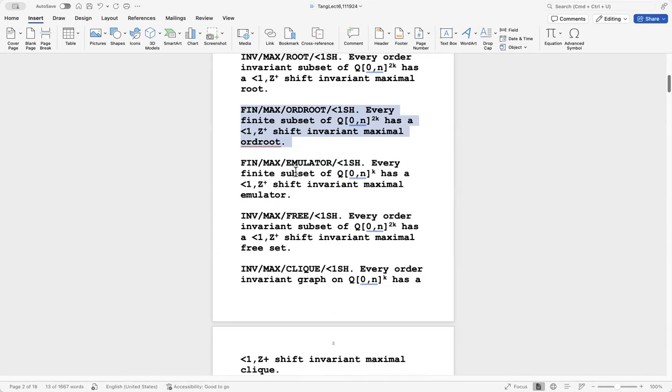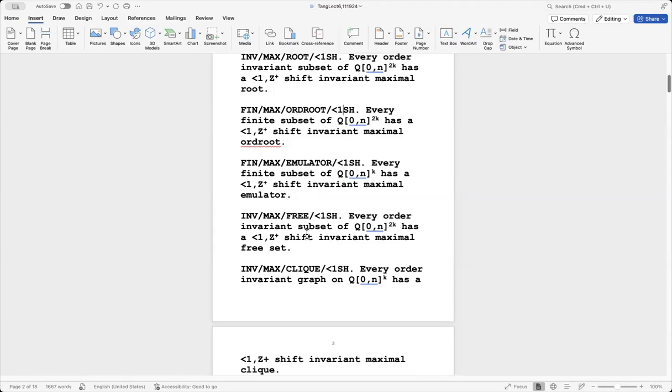The emulator one is every finite subset has an invariant maximal emulator. In an emulator, any pair from the original finite set is order equivalent to some pair from the maximal emulator. See, you start with a k-dimensional set in emulator form instead of a 2k-dimensional set.